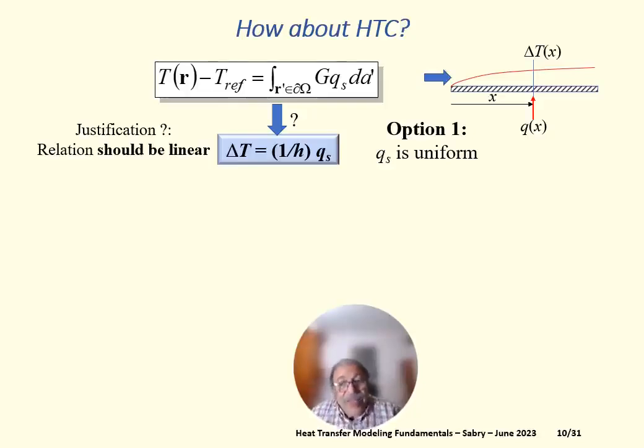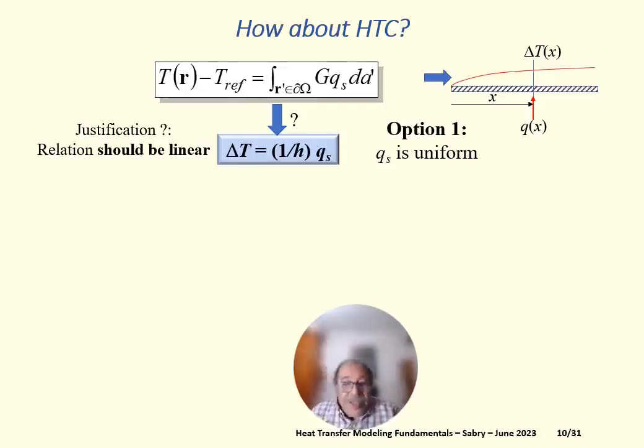A moment. Have you ever seen a correlation in the literature for H for anything else? It's always either the uniform heat flux heat transfer coefficient or the uniform wall temperature heat transfer coefficient. There is no other correlation. I have never seen that, which means that the correlations we have are not wrong, but we use them wrongly.